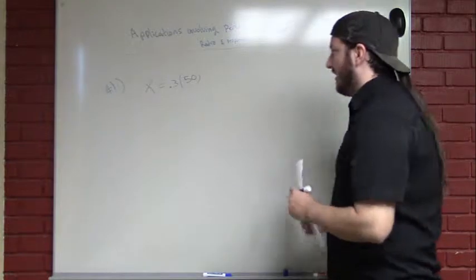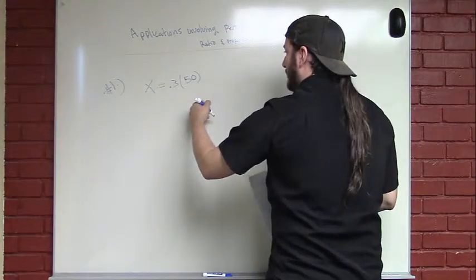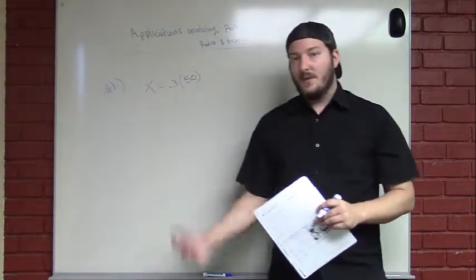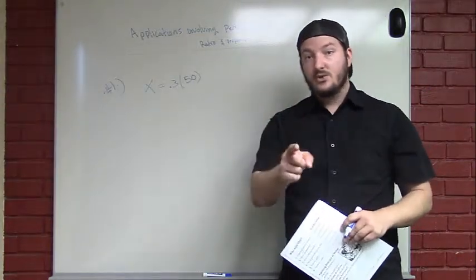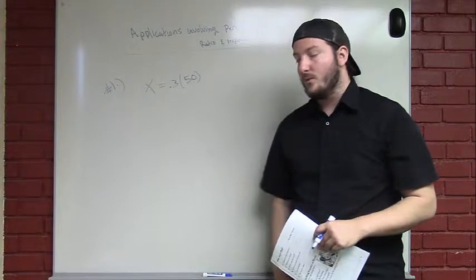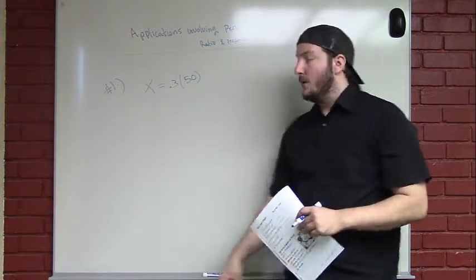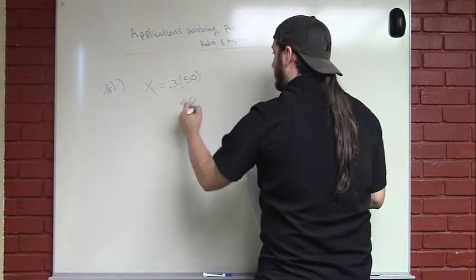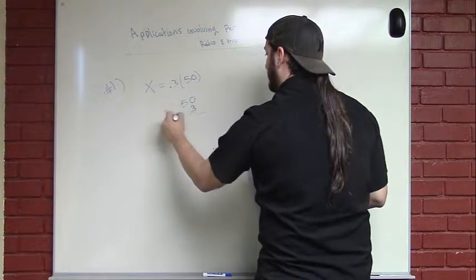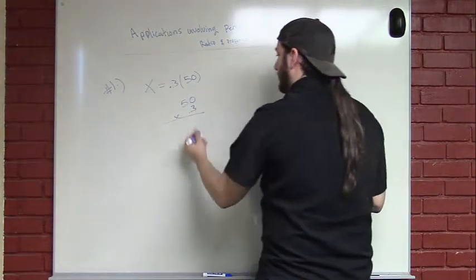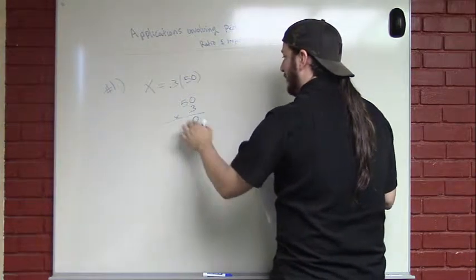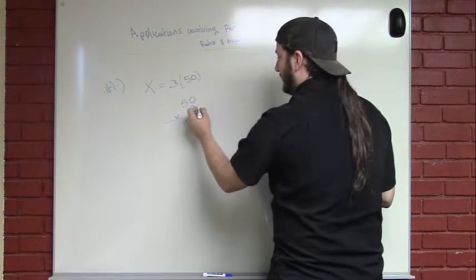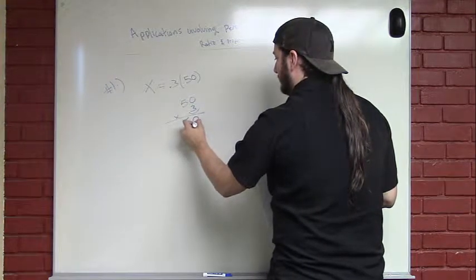And then you just multiply that guy out, which I'll end up doing the first few by hand, but eventually I'll probably just use a calculator. Now, you should not be using a calculator. I'm just doing that for time purposes in the video. But okay, so we got 50 times 0.3. 0 times 3 is 0, that is 15, so you're going to move the decimal once.